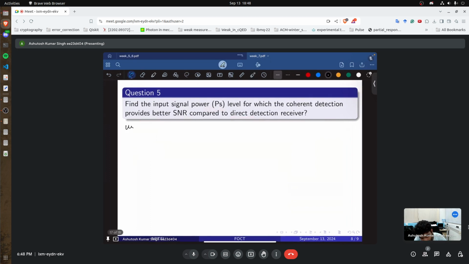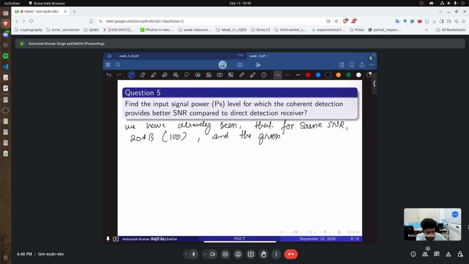We have already seen that for the same SNR, which was 20 dB or 100 in linear scale, and the given parameters, homodyne is better.